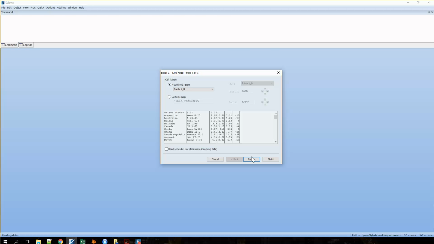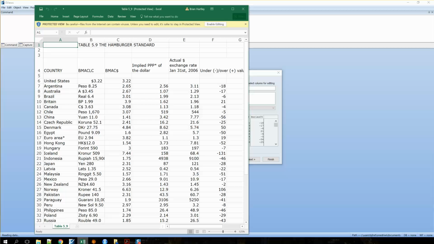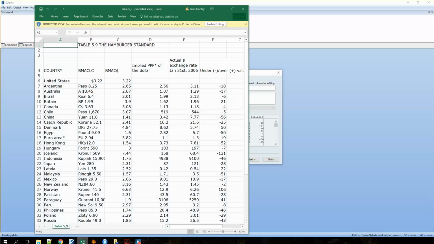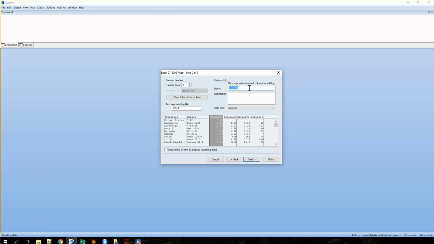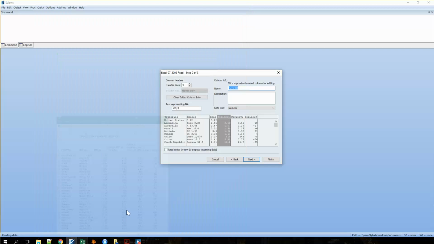Okay, as you can see, we don't necessarily get good names for these. So we can put them in ourselves by looking at this. BMACLC, BMAC, implied PPP, so we can just call that IPPP.